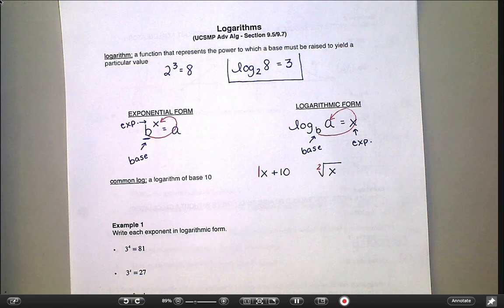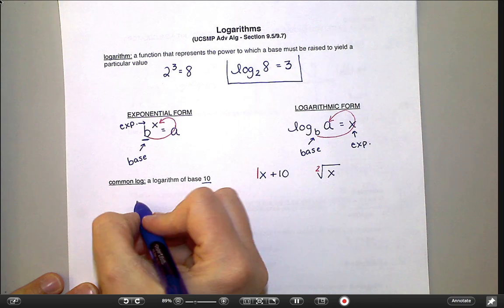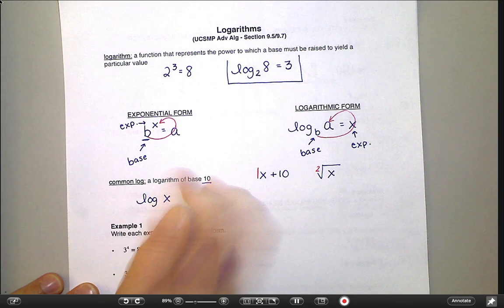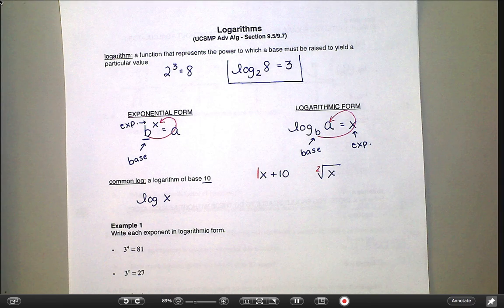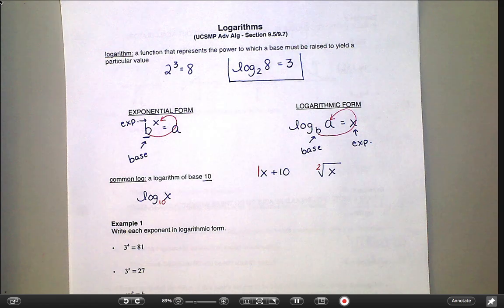So with logs, if there's not a base written, we assume that it's a 10, okay? So if I just write log of x like that and I don't put a base down there, really what that means is my base is 10, okay?